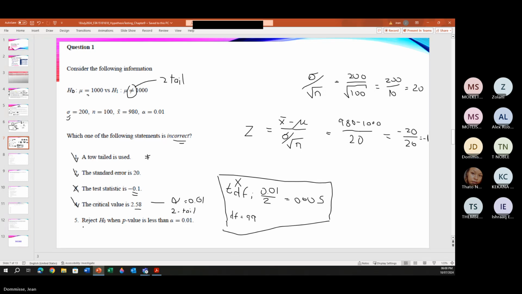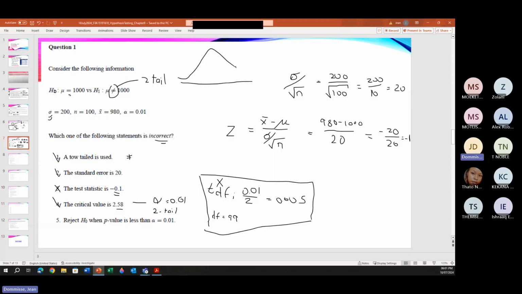Then the last one is that they will ask you, and most of the questions will include that, do you reject or do you accept the null hypothesis? So let's quickly check, and that is where I love to draw the normal diagram. It is also in your study unit.